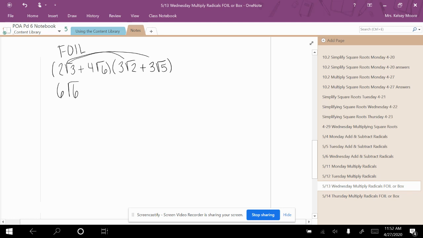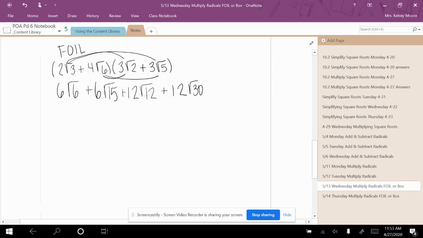Then the outer, multiply the outside, 2 and the 3, you get 6. 3 and the 5, you get 15. Inner, 4 times 3 is 12. 6 times 2 is 12. And then last, 4 times 3 is 12. 6 times 5 is 30.